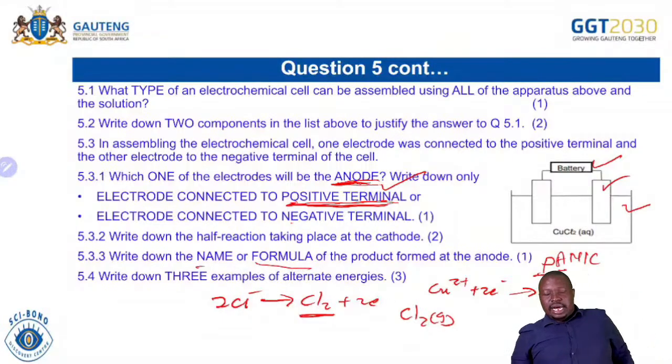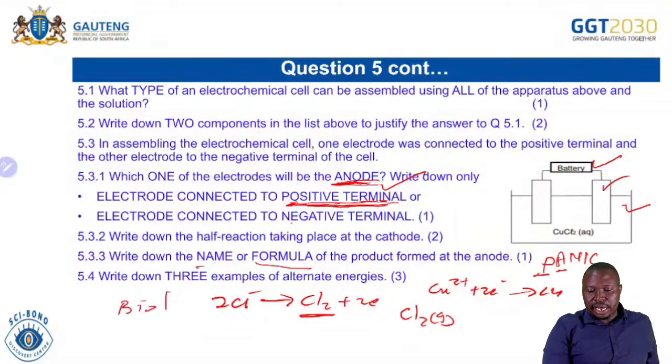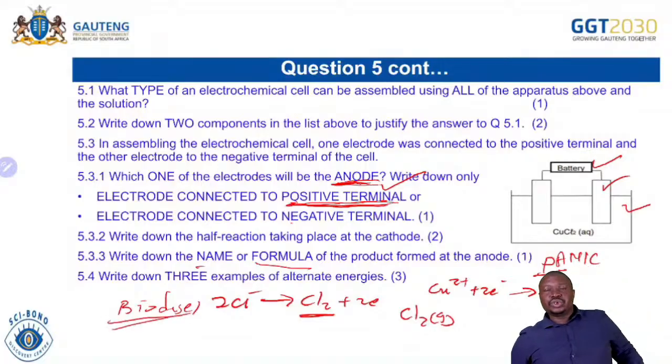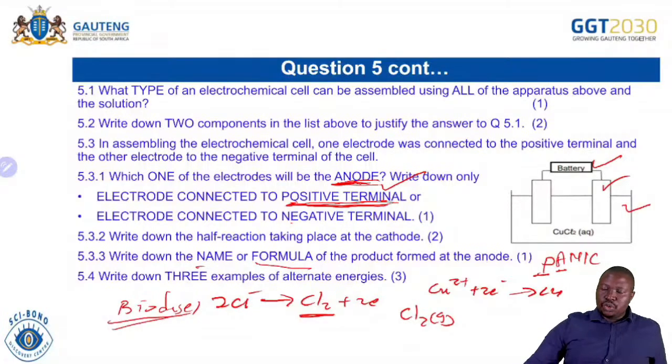Write down 3 different examples of alternate energies that you can use, so you can be able to talk about biodiesel and all those forms, like solar that you are using this time when we don't have electricity. And it's very much important that you understand all these processes.